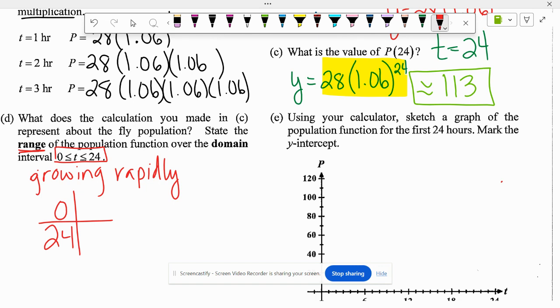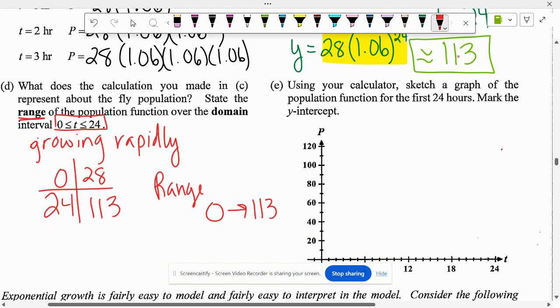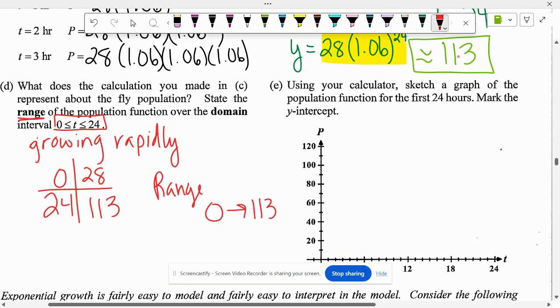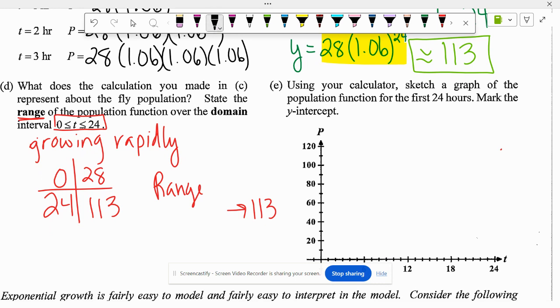When this first began, I had 28 to start with. And after 24 hours, I had 113. So the range is between 0 and 113. It's not asking you for average rate of change or anything. It's just saying, what are the y values going to fall in between? Oh, not 0. Sorry. Not 0. 28. We began at 28. My bad. 28 and 113.